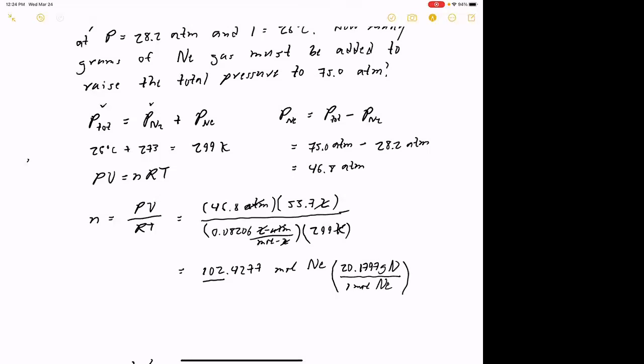That's grams of neon. Okay, so that takes moles out of the equation, leaves me with grams. And to 3 sig figs, you end up getting 2.07 times 10 to the third grams of neon.